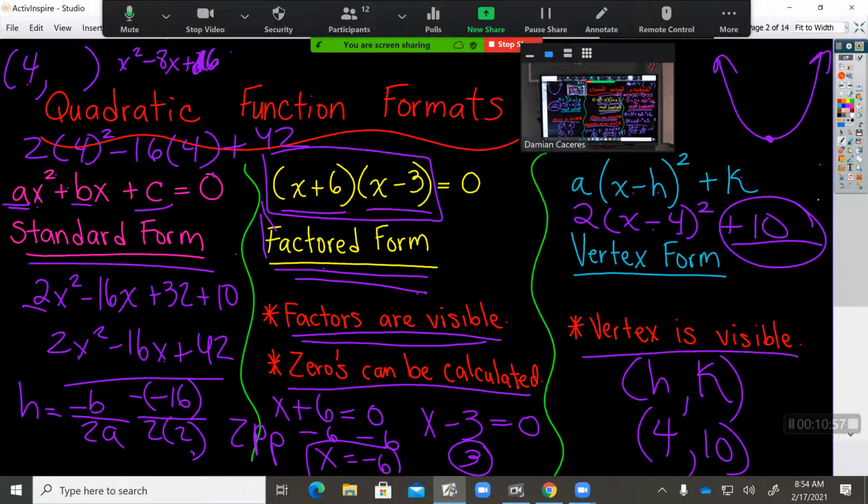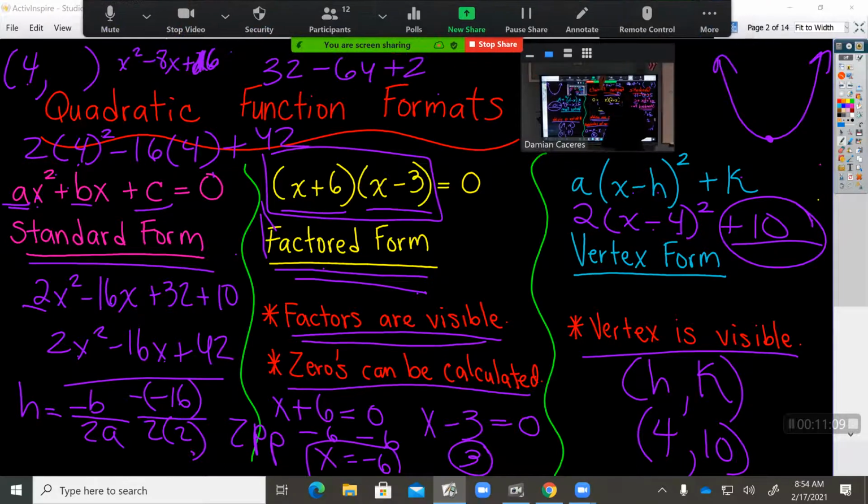If we solve that, let's see what we get. 4 to the second power is 16 times 2 is 32. 32 minus 64 plus 42 would be positive 10. Did I get the same vertex? Same vertex. But look how much work I have to do when it's in standard form versus vertex form.